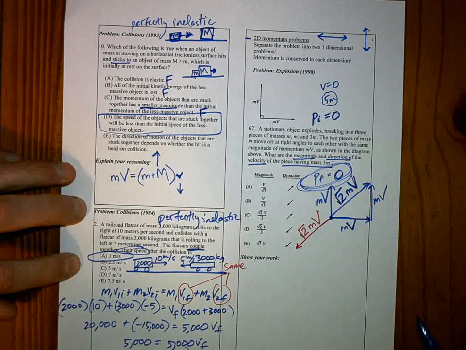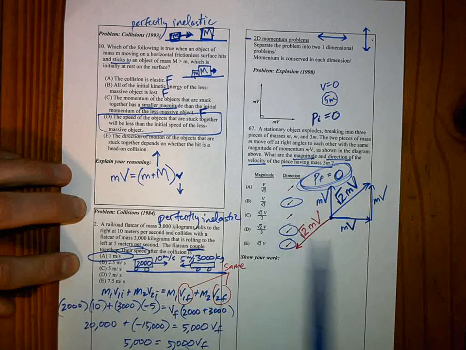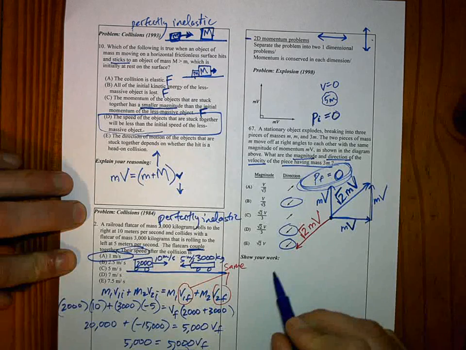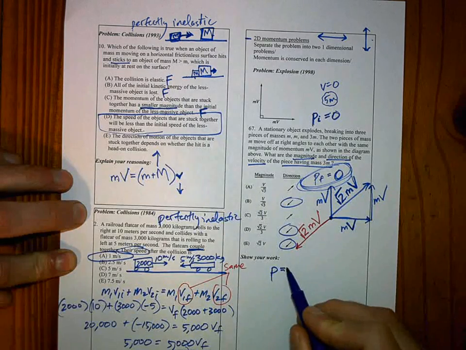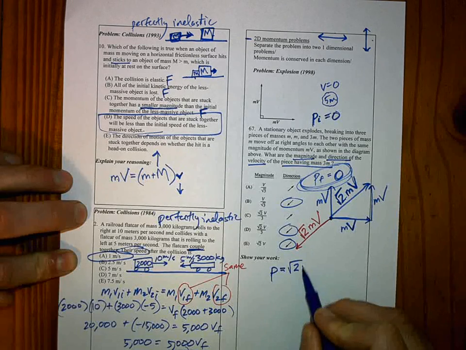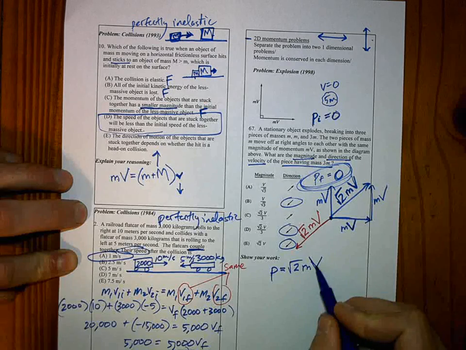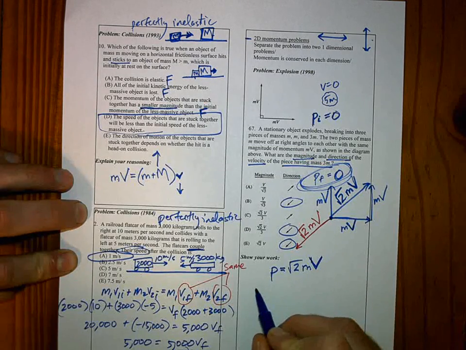So right away I'm looking at the direction. This is good, this is good, this is good. So it's between B, D, and E. So the momentum of the third object has to equal square root of 2 m big V. And the equation for momentum is mv, but this mass is 3m.